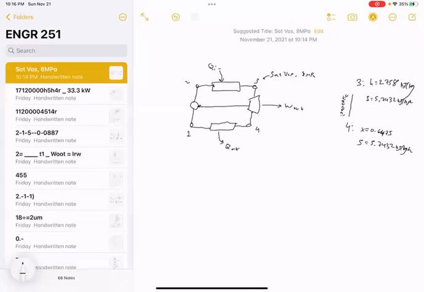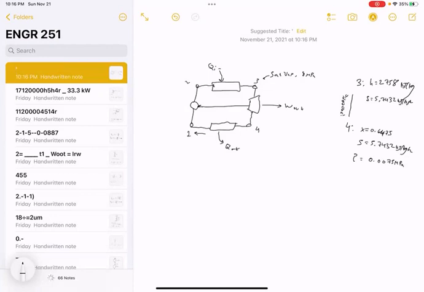It says the saturated liquid exits the condenser at a pressure of 0.0075 megapascals. So the pressure exiting the condenser, state 1, is 0.0075, and because state 4 to 1 is isobaric, state 4 is also going to be 0.0075 megapascals.